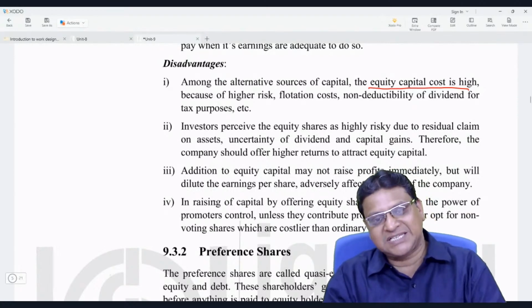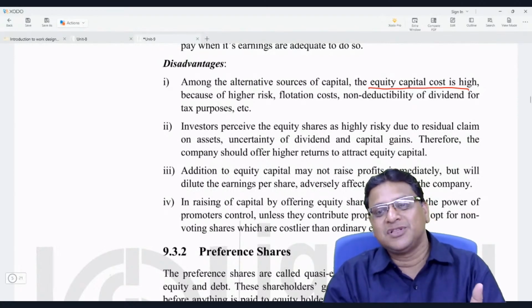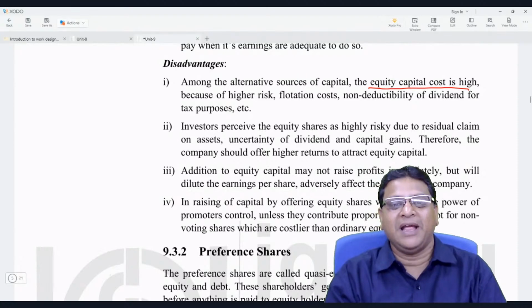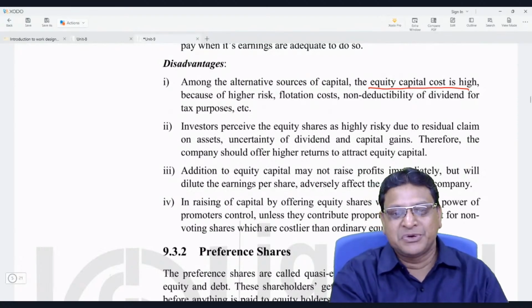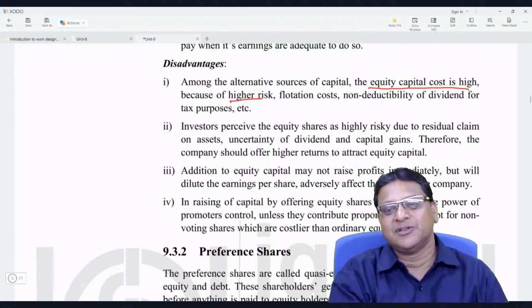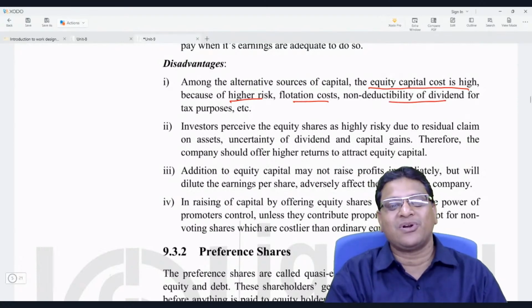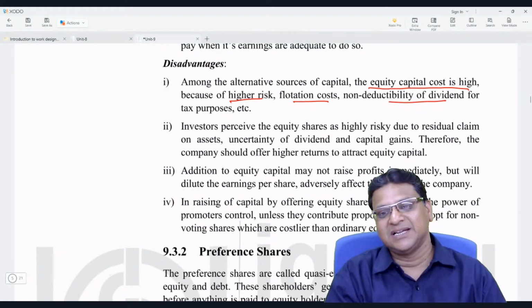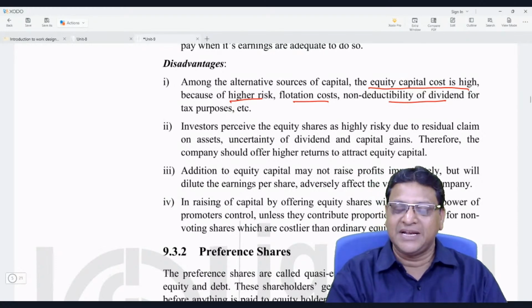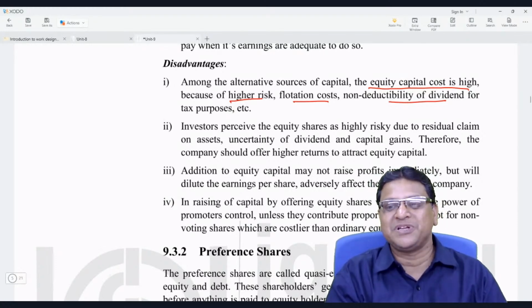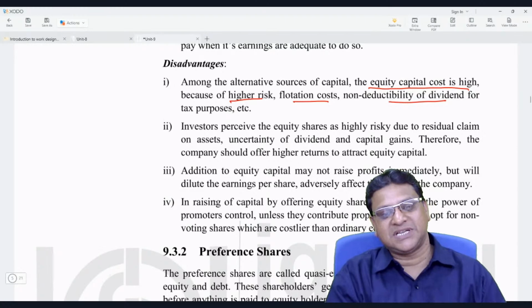That means if you raise equity capital, the cost of capital will be high. This is because the equity shareholders take high risk, the flotation cost is high, and the equity dividend is not a tax deductible item. It is not an expense, hence it is not tax deductible. Therefore, the cost of equity is the highest among the cost of debt and the cost of preference shares.